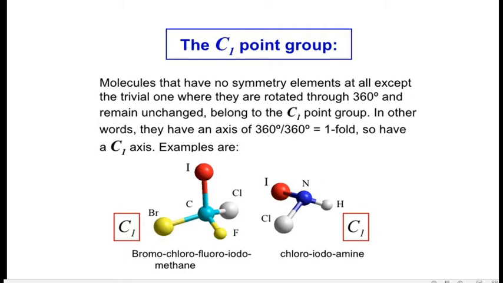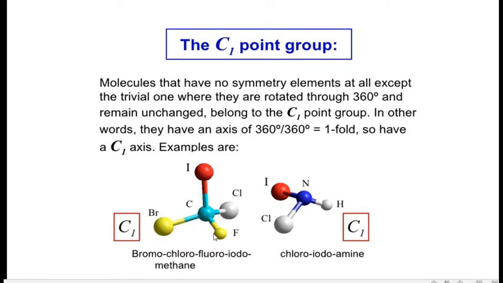identity E. So for a molecule having only and only identity E, with all other symmetry operations or elements absent, one can assign the C1 point group. For example, here it's a bromochlorofluoroiodomethane.